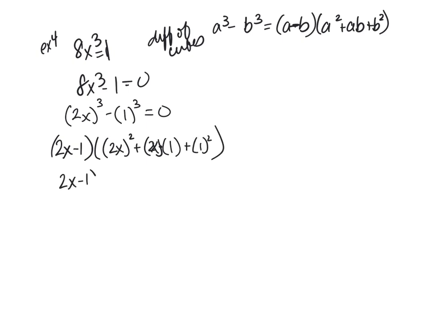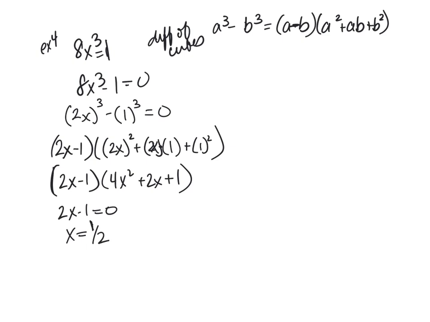So that's 2x minus 1 times 4x squared plus 2x plus 1. And so I'm solving. 2x minus 1 equals 0. So x is 1/2, add 1, divide by 2. And then to get the zeros here, we have to either complete the square or use quadratic formula. And I'm going to use quadratic formula because this does not factor more. And people want to factor it, but there isn't any way to factor this.